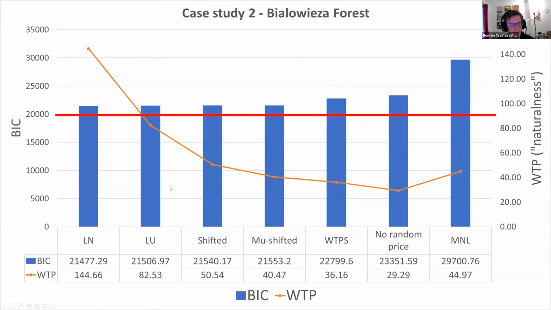The log uniform gives 82 zlotys, which is a bit high with respect to the other models. While the kappa shifted and the mu shifted distributions give values which are respectively 40 and 50, which are very close to the one given by the willingness to pay space and multinomial logit models, while at the same time, again, fitting the data much better.